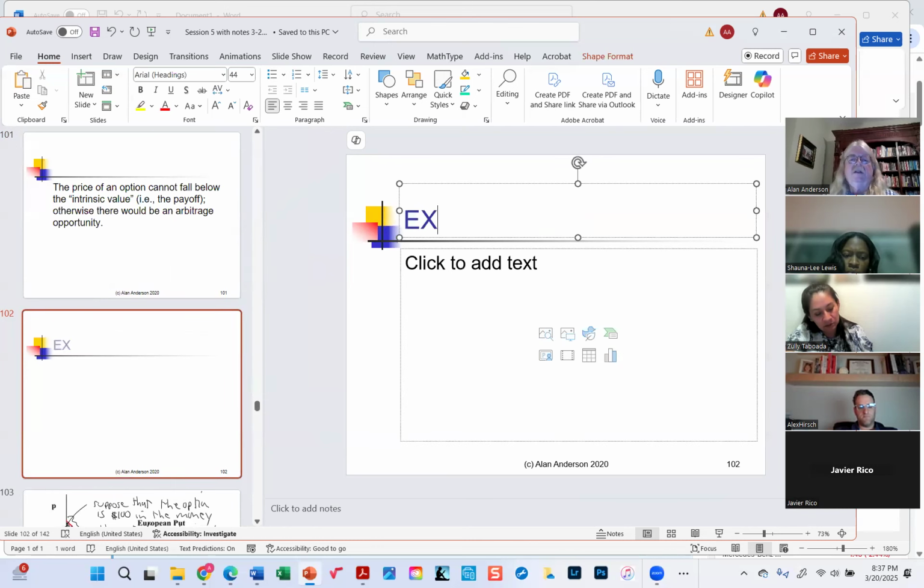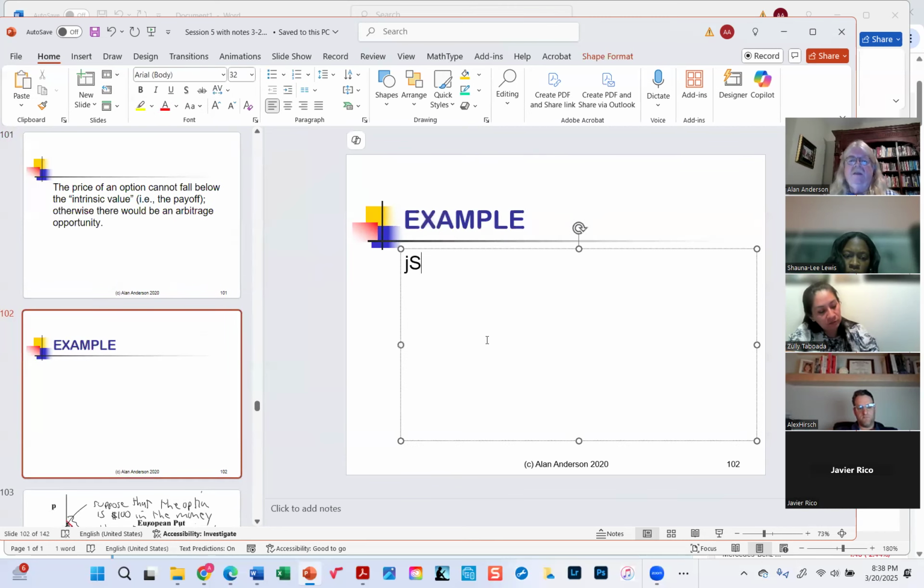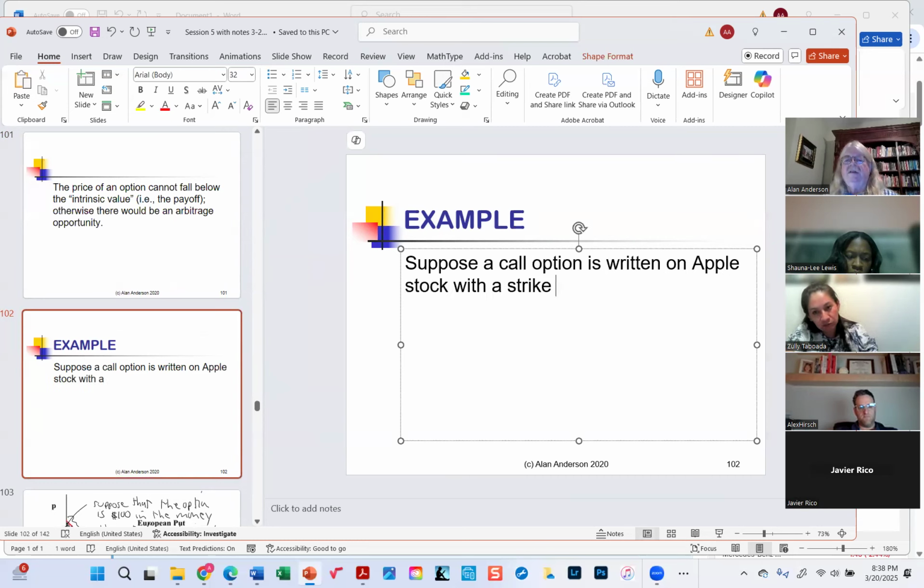Suppose a call option is written on Apple stock with a strike price of, let's say, 210, when the stock price is 214.